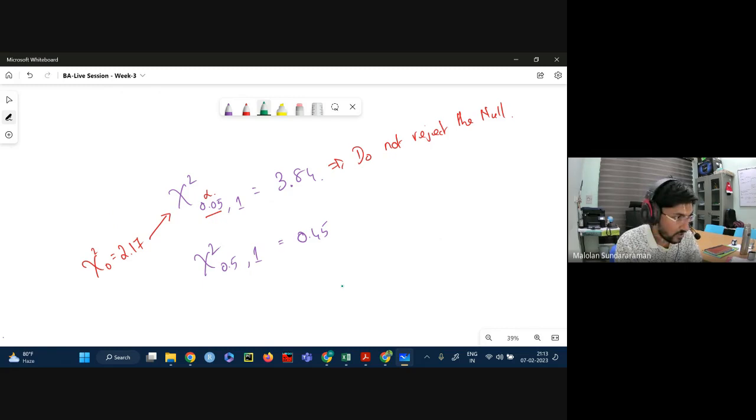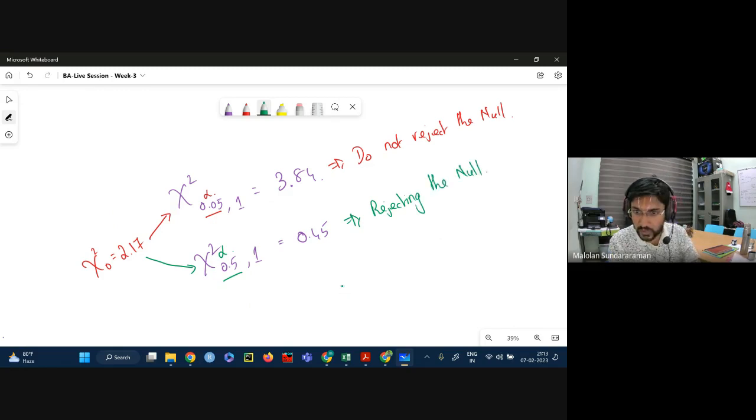However, for the same computations, when my alpha becomes 0.5, I end up rejecting the null. Why is this?